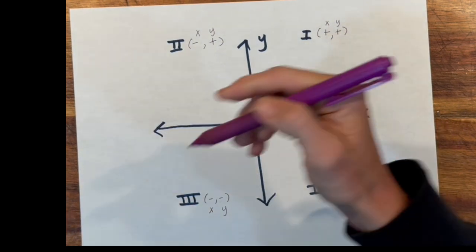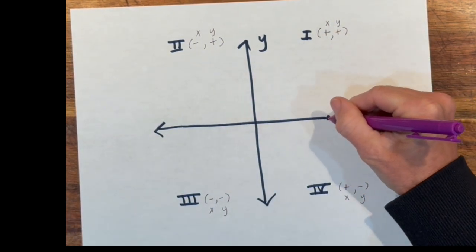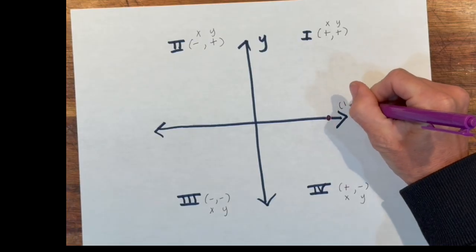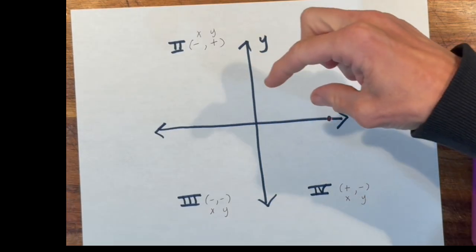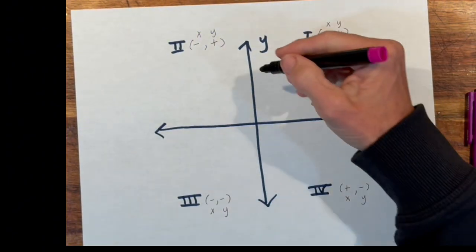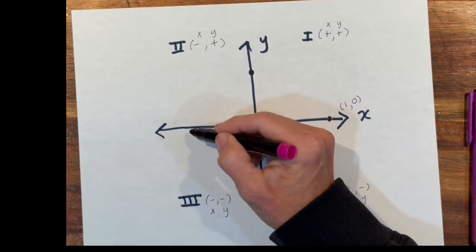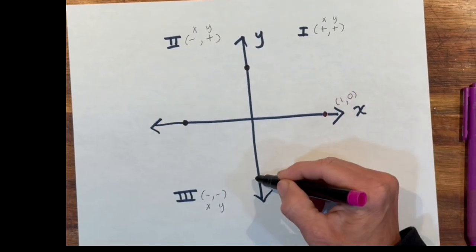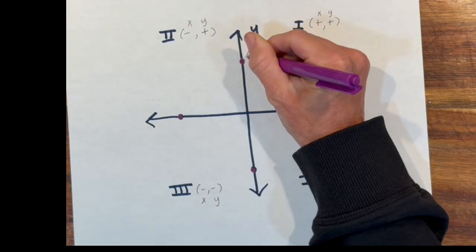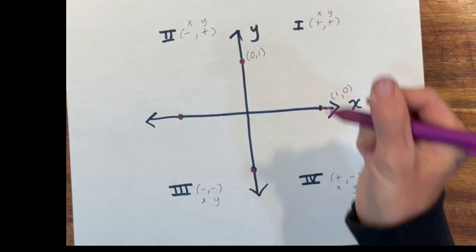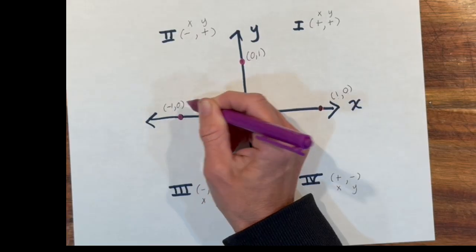I can imagine here we might have the coordinate: how many for x? 1 and 0 for y. The same distance on another side, I could have a coordinate right here, and right here. 0 for x, 1 for y. -1 for x, and 0 for y.